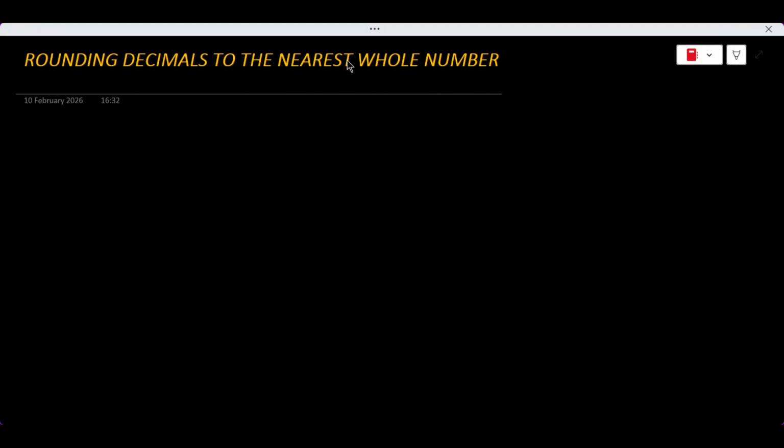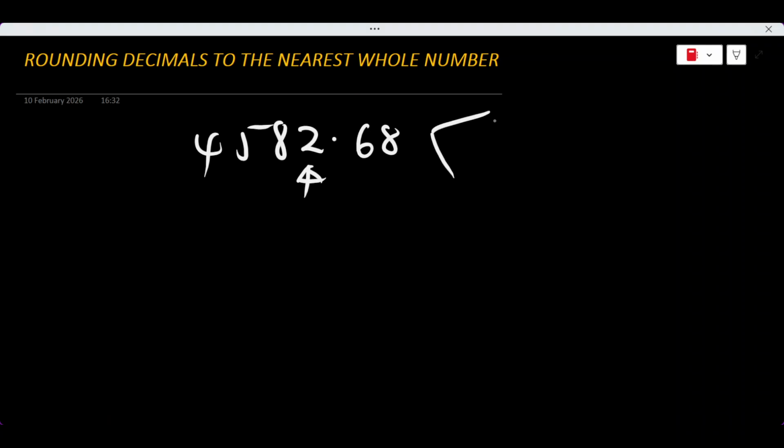Now let's look at one more example. Now we are to round 4,582.68 to the nearest whole number. Now the whole number digit we are considering here is 2. Now this means that we could either round up to 4583, or we round down or maintain to 4582.